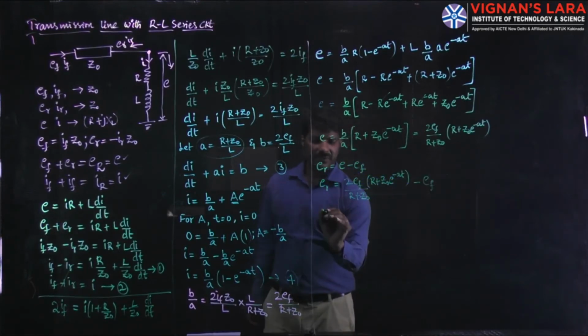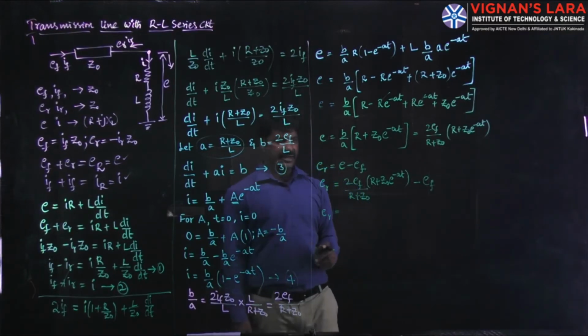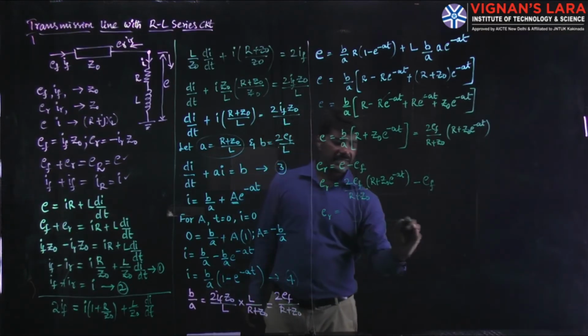So for further simplification, this ER can be written as, this is R plus Z naught.